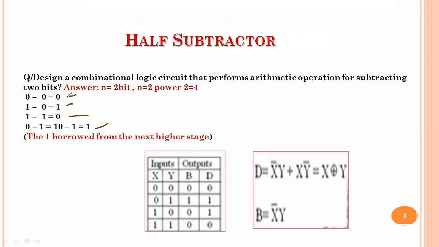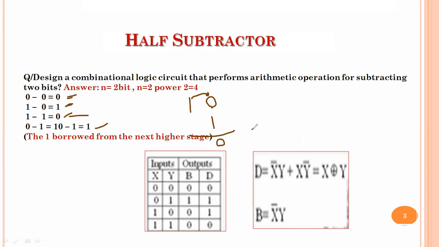See here, 0 minus 0 is 0, 1 minus 0 is 1, so difference is 1, 1 minus 1 is 0, and 0 minus 1, it is not 10 minus 1, it is like 0, 1, 0 minus 1. So difference here is 1, and we need to borrow 1 from it, so 1 minus 1 is 0.